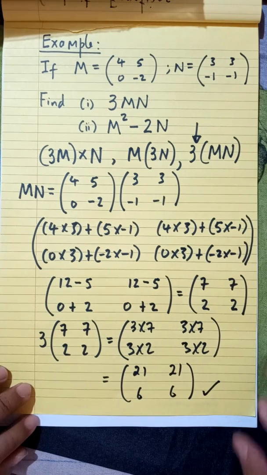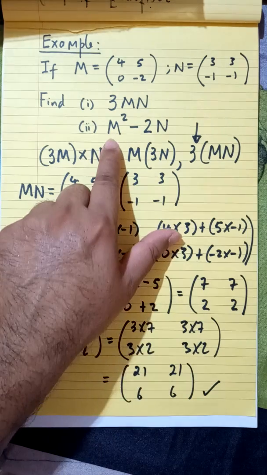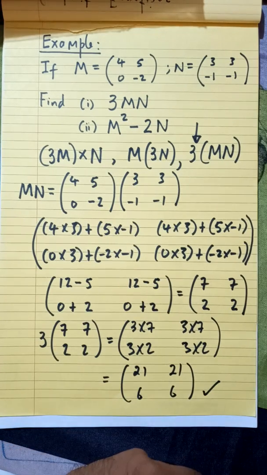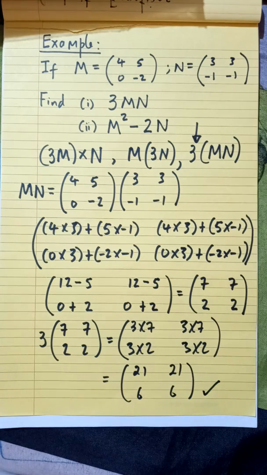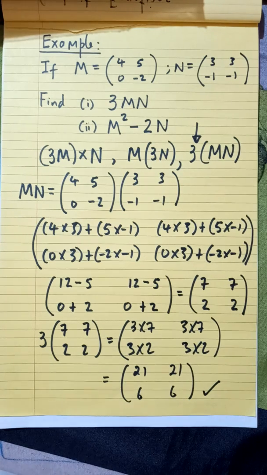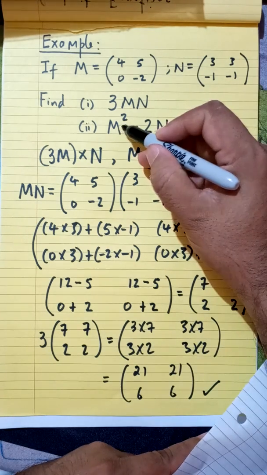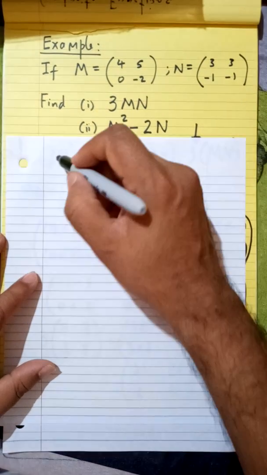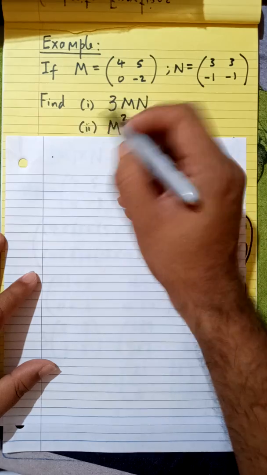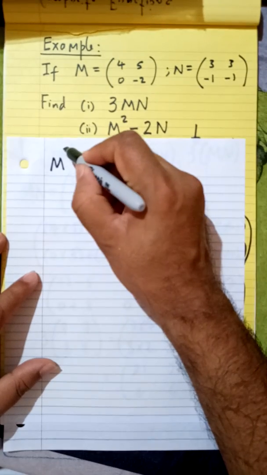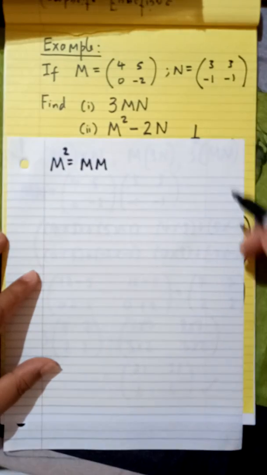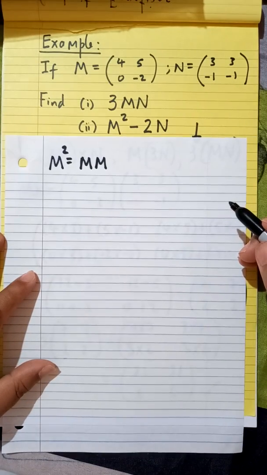All right. Let us look at part 2. Now, part 2 is a bit interesting. Part 2 says m squared. Now, m squared is actually m times m.